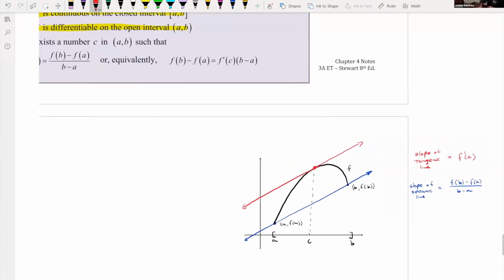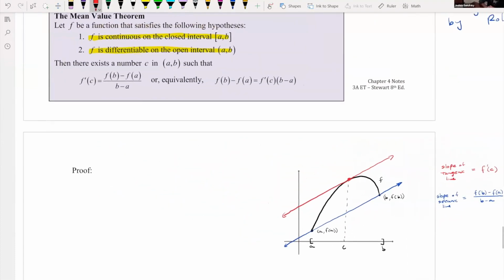If we come back up here and look at the mean value theorem, it's saying if f is continuous on [a, b], I drew a continuous function f. If it's differentiable on (a, b), I drew a differentiable function. Watch what it says. The derivative at c, that's the slope of the tangent line, is equal to, guess what? The slope of the secant line.